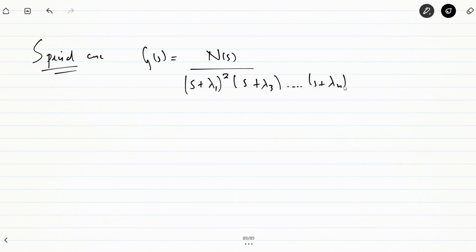You have two roots that are repeating. You have (s plus lambda 1) whole square. That means this is actually (s plus lambda 1) and (s plus lambda 1). So here lambda 1 and lambda 2 are basically repeating. So that means you have to find out in this case what will happen to the system.